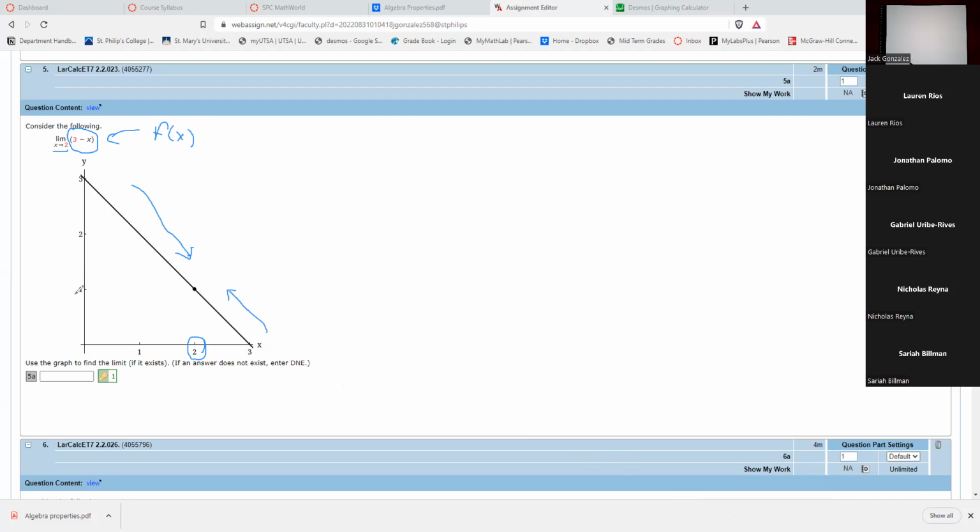Yeah, you can see right here, as the x's get closer to 2, it's getting closer and closer to 1, right? Because this point right there is the point (2, 1). So as I get closer and closer to 2, the function is going to 1 from the left side and the right side. That's why the limit is going to be 1.